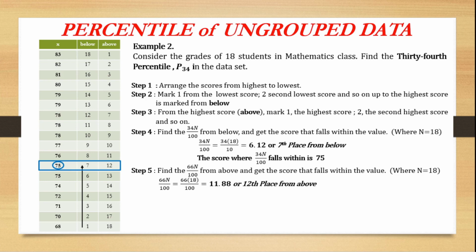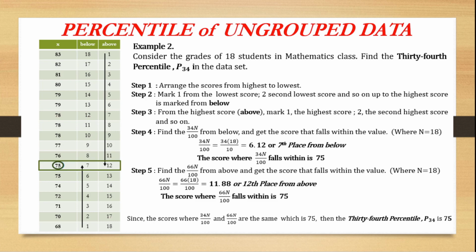Then round up 11.88, that becomes 12, or the 12th place from above. If we look at our table, this is now the 12th place from above, and still the number that falls within the 12th place is 75. Then we can say the score where 66n divided by 100 falls within is 75.